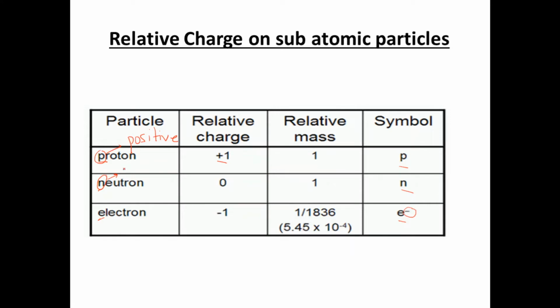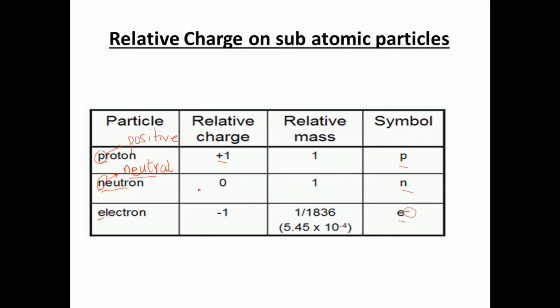N for neutral. Please remember, N for neutral. N-E-U. Can you check the spelling also? It's almost coming out to be the same. N-E-U-T-R. Now the last two letters differ. That's neutron, neutral.